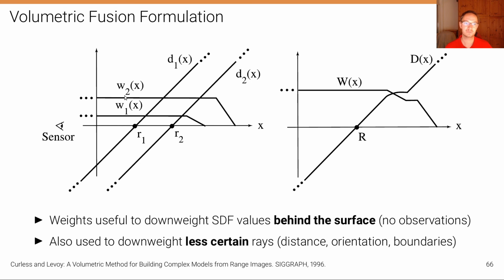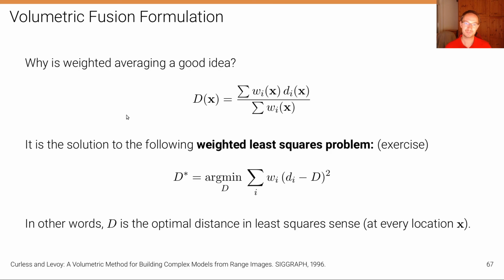So here, for instance, W2 would be a more confident measurement than W1, which receives overall smaller weight. So it's good to have these weights in the formula.